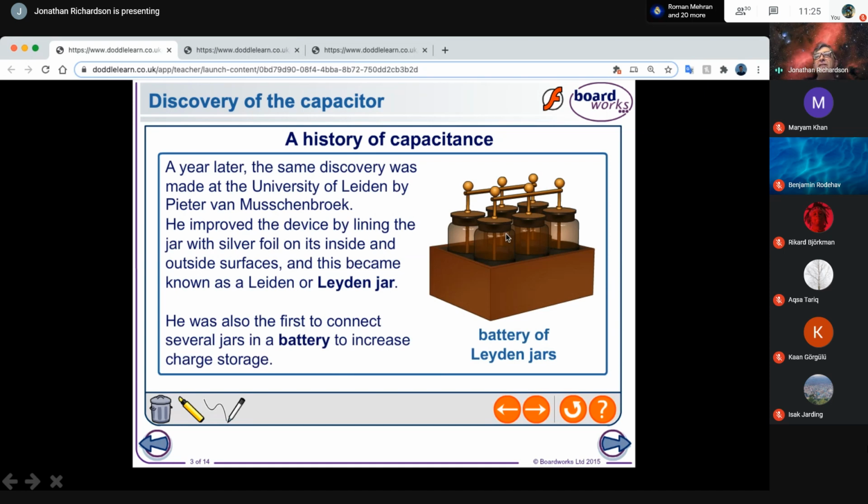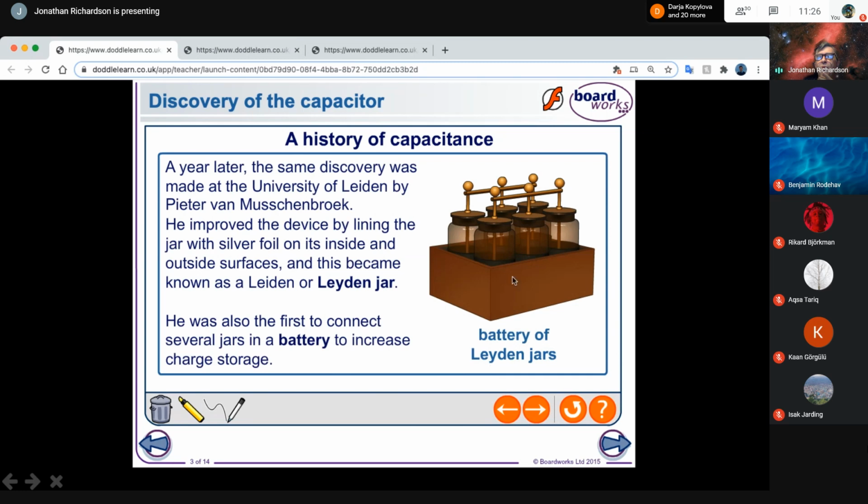And we have a device at school which does this for us, which allows us to transfer the charges through these electrical connectors into the jar. And these jars are called Leyden jars, and we have one or two of these at school. Different designs, slightly different materials, but the principle is exactly the same.